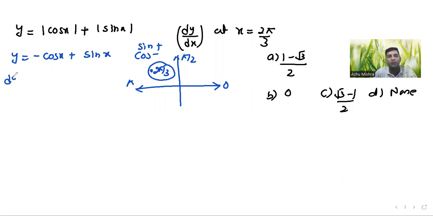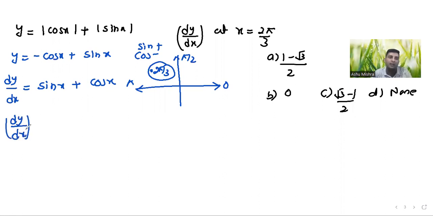Therefore, differentiate both sides with respect to x. You get sin x and cos x. Then, according to the question, dy over dx at x equal to 2 pi by 3 is sine of 2 pi by 3 plus cos of 2 pi by 3.